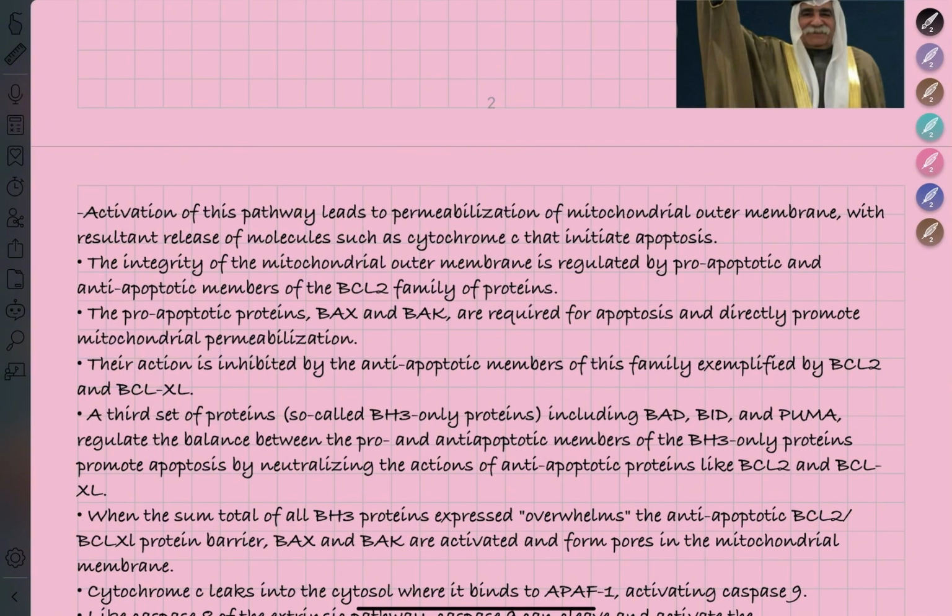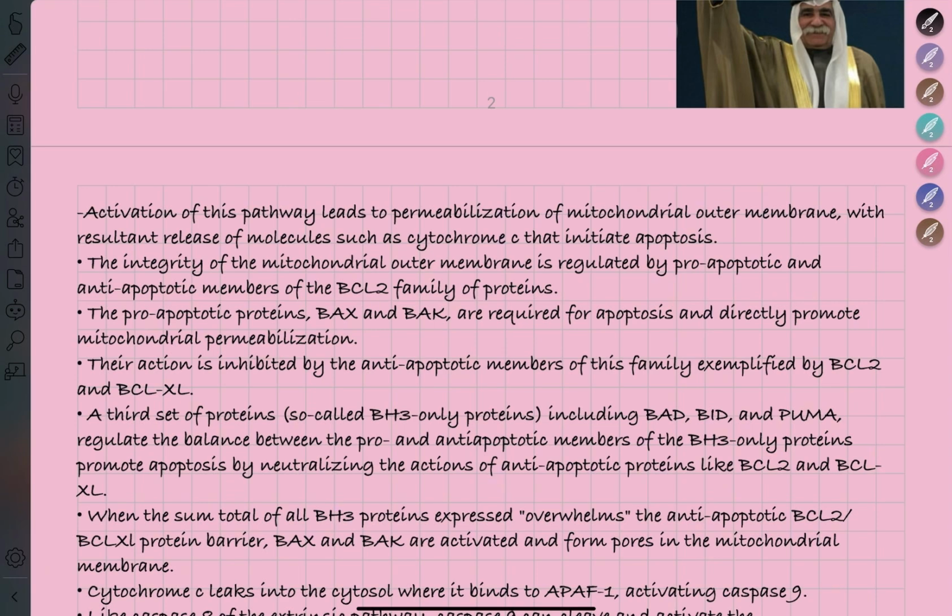What I mean by permeable here is not permeable to specific proteins, as we took before. No, I'm talking about permeable to everything. Here it's not permeable to everything. Of course it has some sort of permeabilization for specific things, but here we're talking about a normal case for everything.